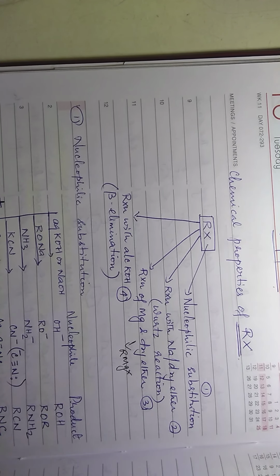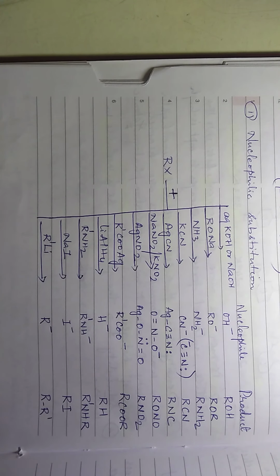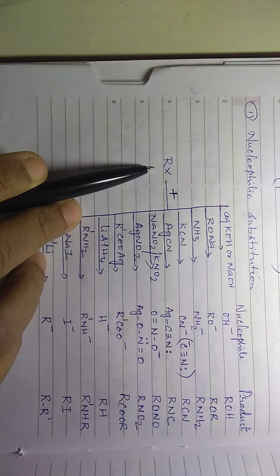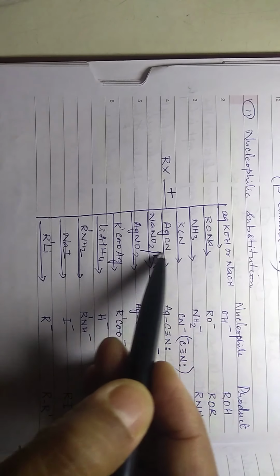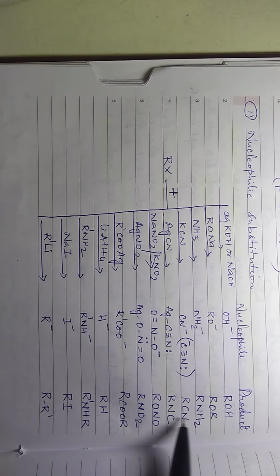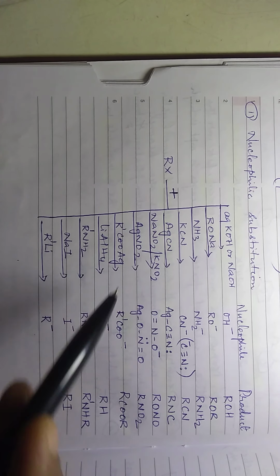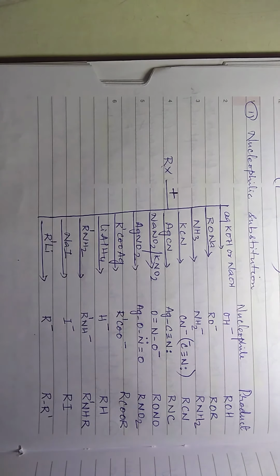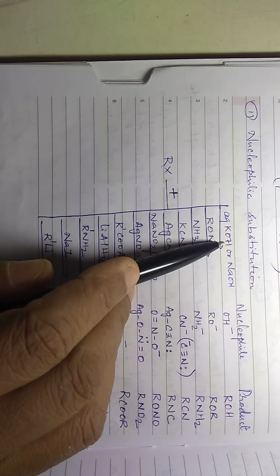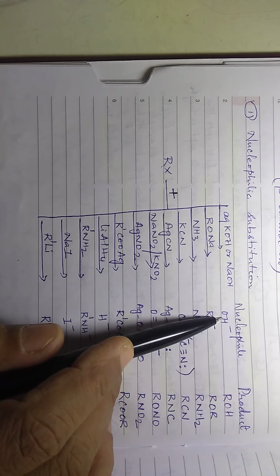Okay. Now under nucleophilic substitution, if RX is treated with any of these, then what are the products formed? And which is the nucleophile which is replacing the X minus here? If it is KOH or NaOH, the nucleophile that is used is OH minus.